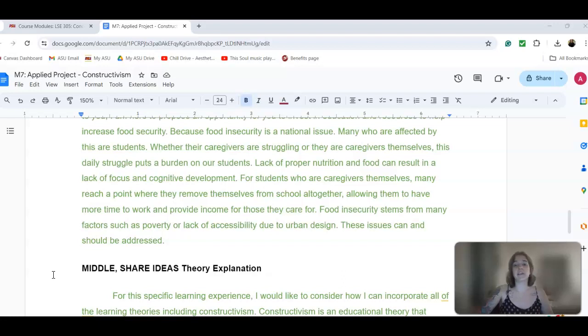For students who are caregivers themselves, many reach a point where they remove themselves from school altogether, allowing them to have more time to work and provide income for those they care for. Food insecurity stems from many factors such as poverty or lack of accessibility due to urban design. These issues can and should be addressed.